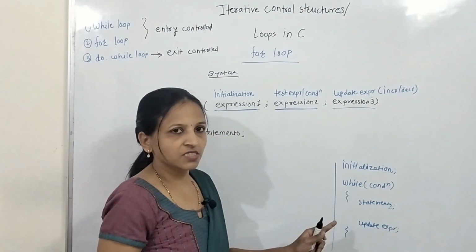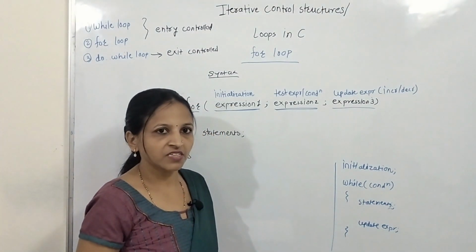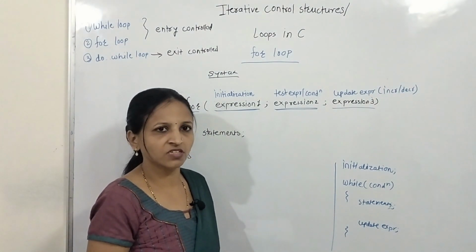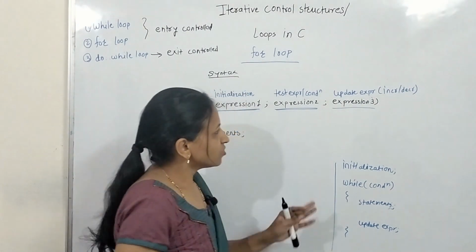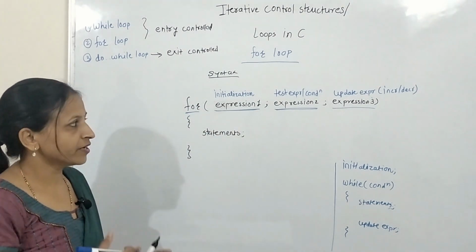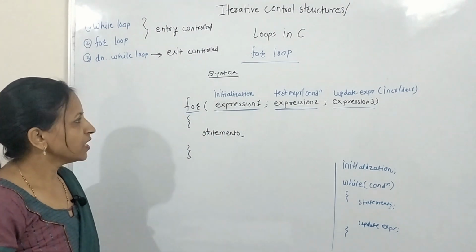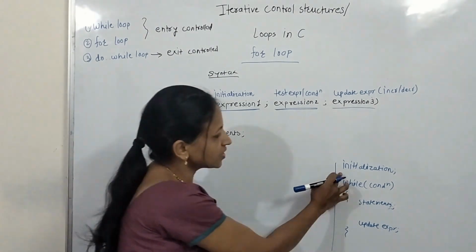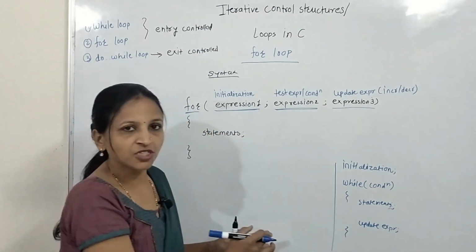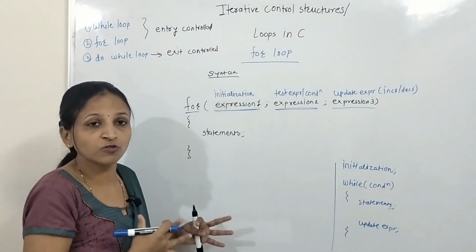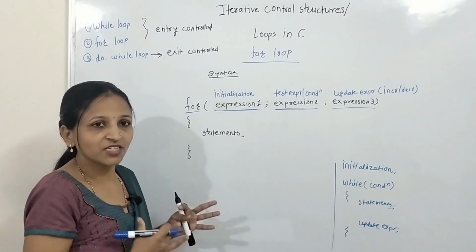Everything we have discussed in the previous session: what the counter variable is, what exactly the update expression is, what the test expression is. Now see here, in the case of the for loop, the initialization, test expression and update expression are all placed in a single line. That's why this is the most commonly used loop.